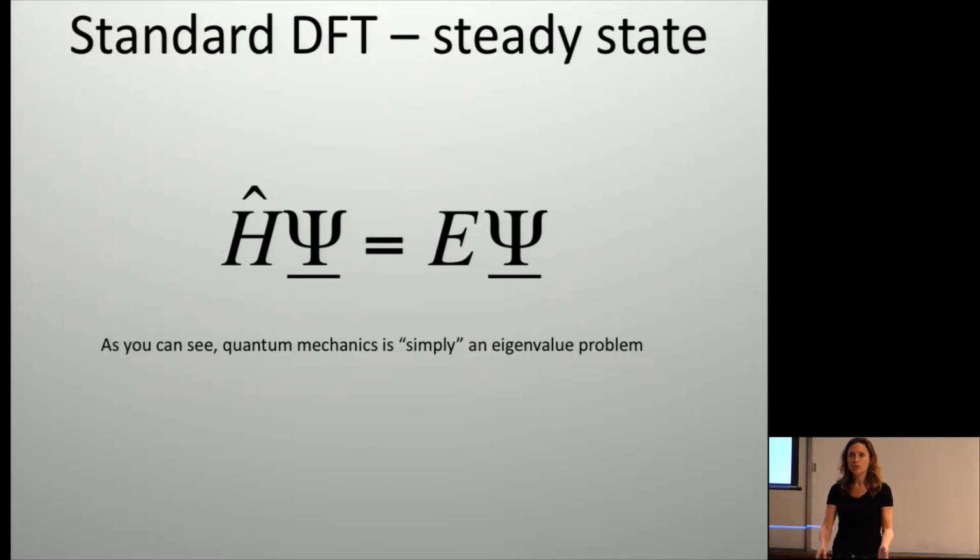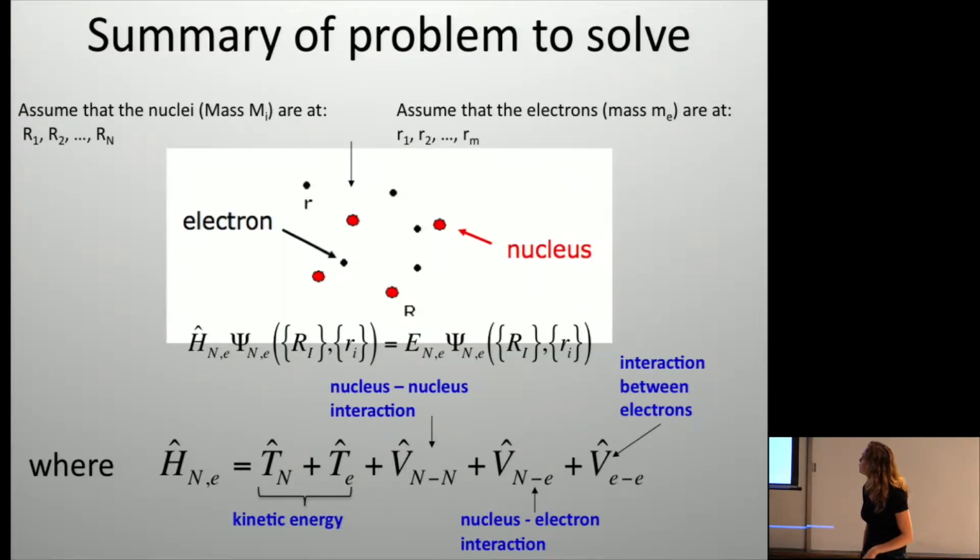You have a Hamiltonian that tells you about the interactions and the energies that go on in the system, and that should correspond to the lowest energy of the combined system. So the way that we approach this is that we have a number of nuclei and electrons. And usually you want to put them in some sort of positions that make sense from the beginning.